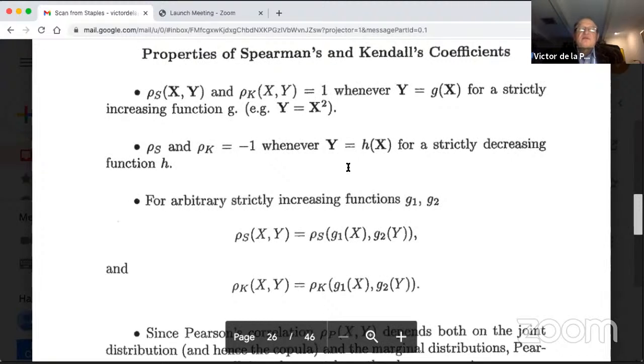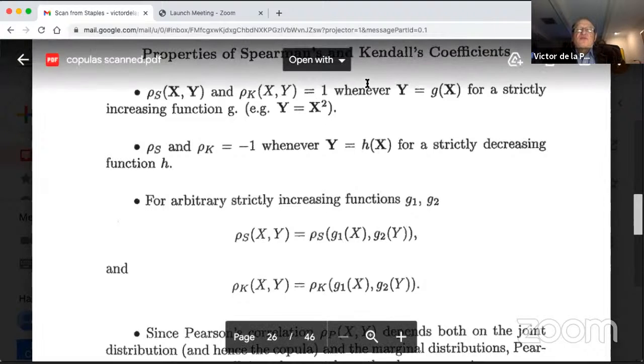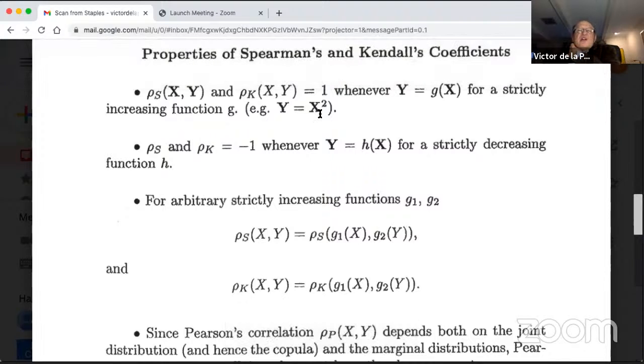Now, let's just review the properties of those coefficients. Both Kendall's and Spearman's correlations are 1 when y equals g of x for a strictly increasing function. In this case, I say y equals x squared, but this is for x positive.